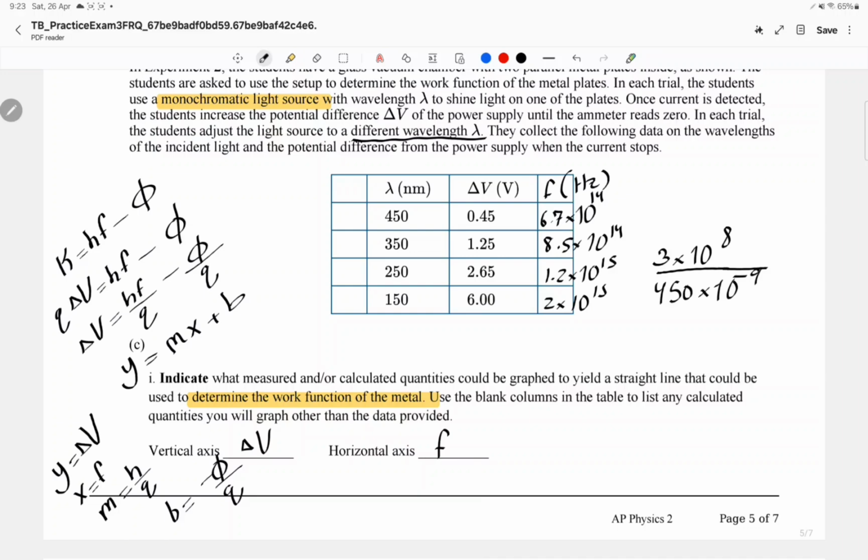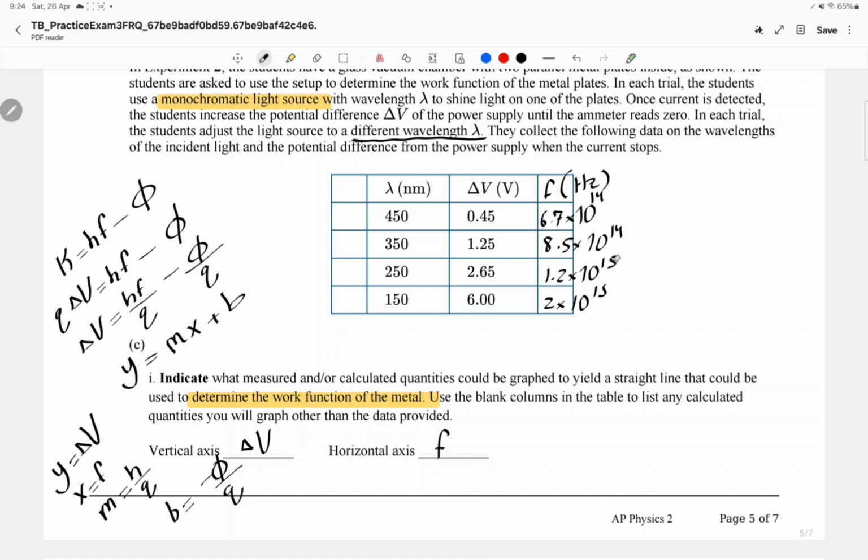Okay, so now I have a dilemma here because I have different powers. So I'm going to either make all of them power 14 or make all of them power 15. It's obviously a preference. Which one is easier to do? In my opinion, you make all of them power 14.